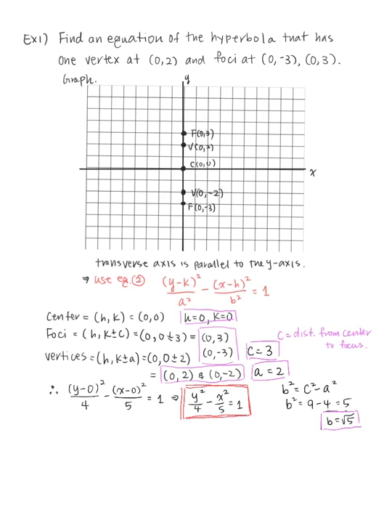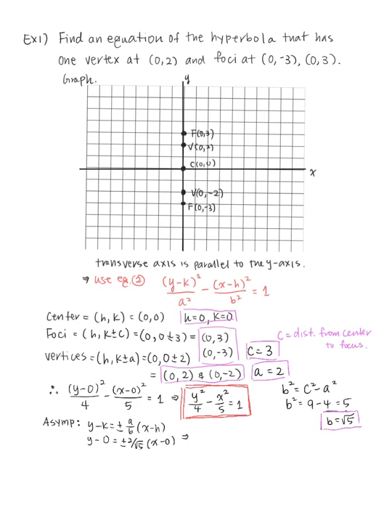All right, now since we're going to have to graph this precisely, we still got to get the asymptotes. So let's do it. For the asymptotes, the equation is y minus k equals plus or minus a over b, multiplying by x minus h. Now let's plug those values in. We got y minus 0 equals plus or minus 2 over the square root of 5 times x minus 0.